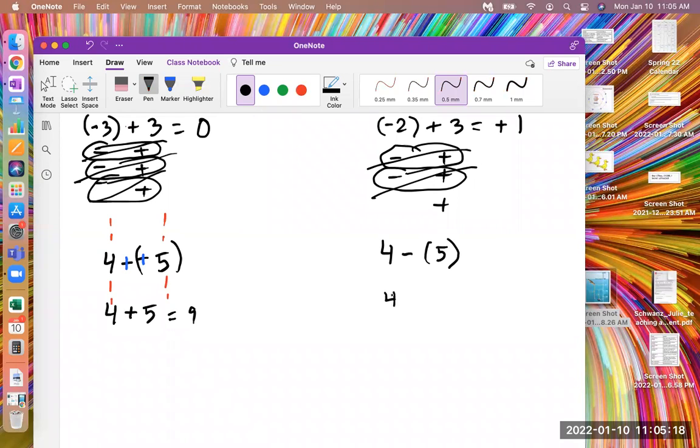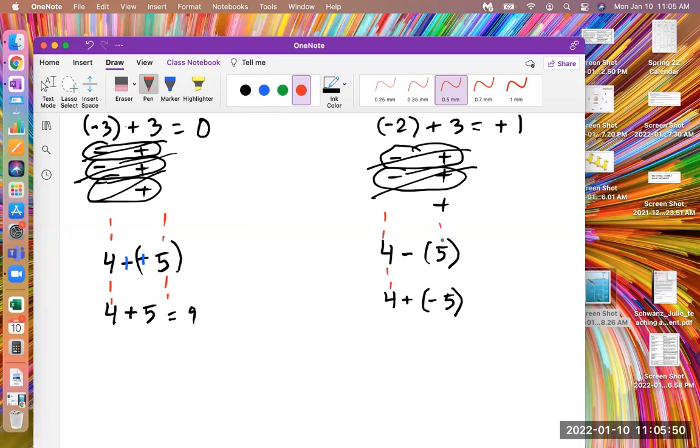Like I said, subtraction is just doing the opposite. So I'm going to get the same answer if I do 4 subtract 5 as if I do 4 plus a -5. The way we remember that is the same 2-stick rule that we used over here.